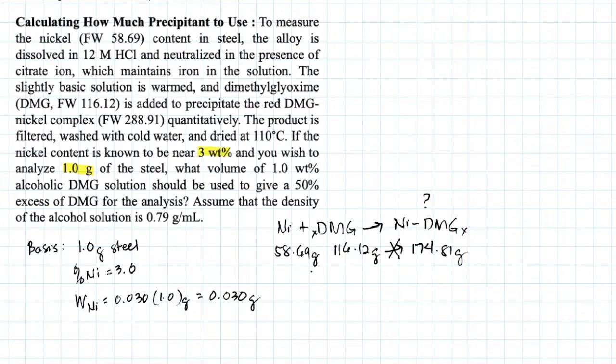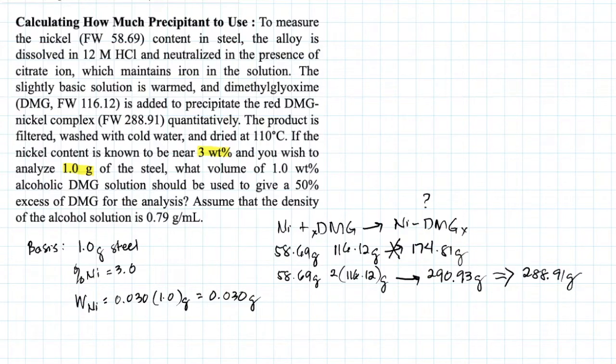If we have 2 moles of DMG, so we can have 58.69 grams. And let's say we have 2 moles of DMG, so 2 times 116.12 grams, it will give us a value of 290.93 grams per mole, which is close to 288.91 grams per mole.